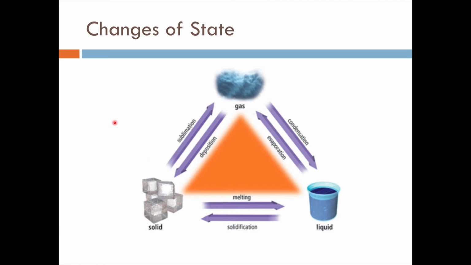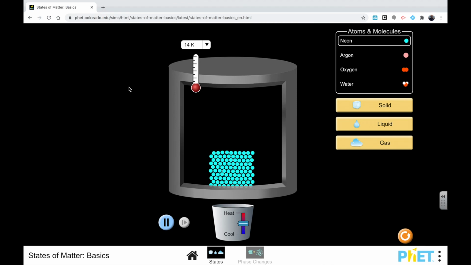All right, so let me just show you a simulation here of neon, of some 4 gases, and this is of a solid, liquid, and gas. Now these are actually in motion. I want you to pay very close attention to the intermolecular forces. That is the forces of attraction between molecule and molecule.